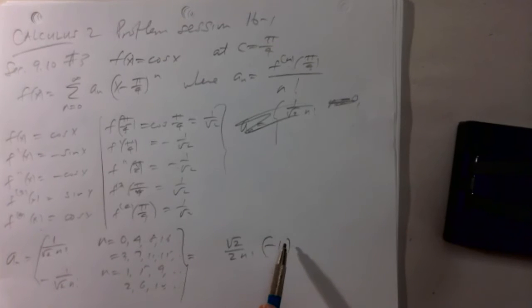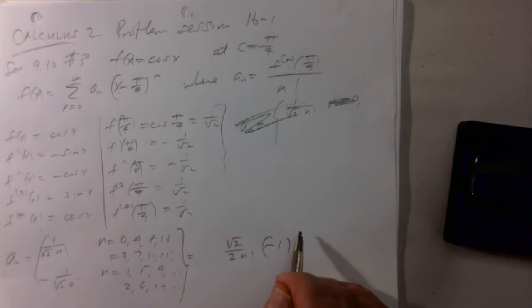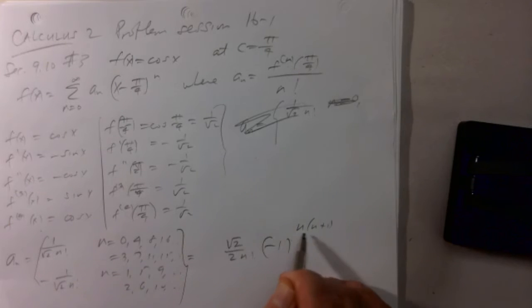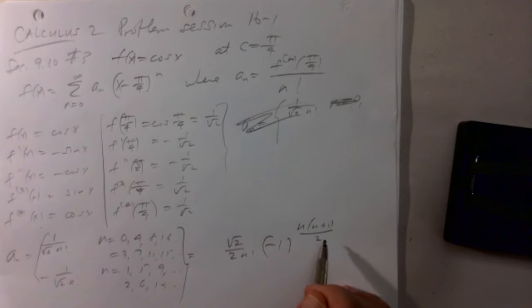Well, it has to be even if n is one of these numbers and odd if one of these numbers. And for whatever curious reason, the book chooses to write this as n times n plus 1 over 2.